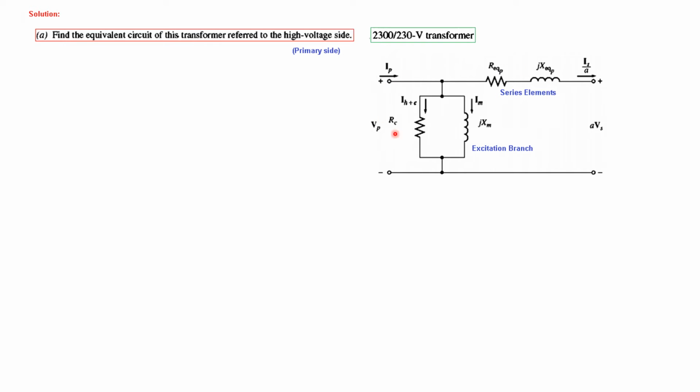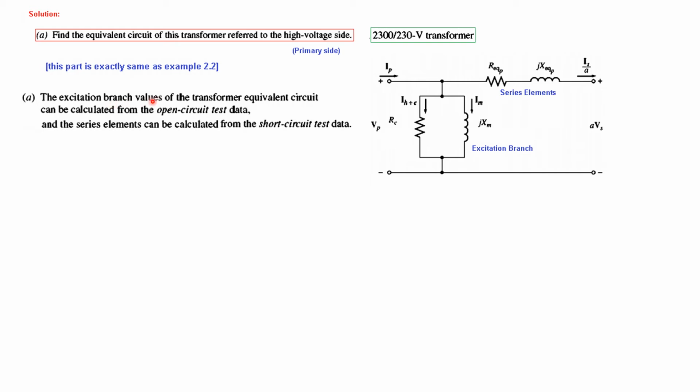This is the circuit of the transformer referred to the primary side. So we'll use this. These are the series elements and these are the excitation elements. And this is exactly same as we did in the previous video solving example 2.2.